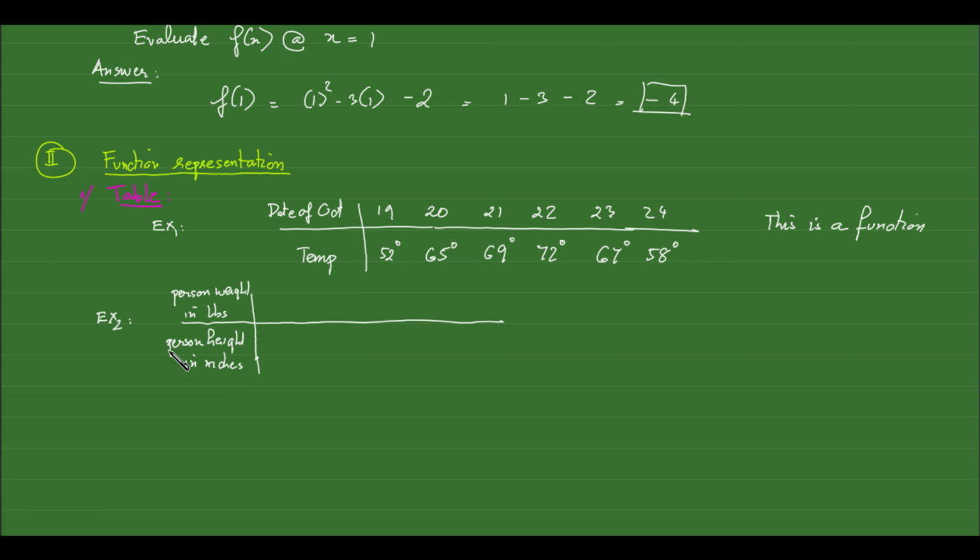I have 125, and I have 64. This assigns 64, and 200 assigns 72. All the data over here I made up, so it does not reflect reality. Then 107 and 60. Oh, I'm sorry, this is 59.